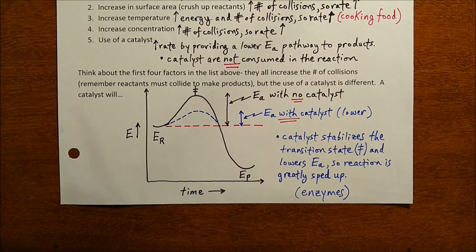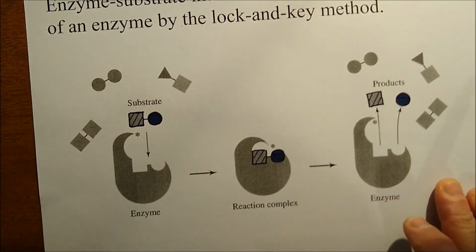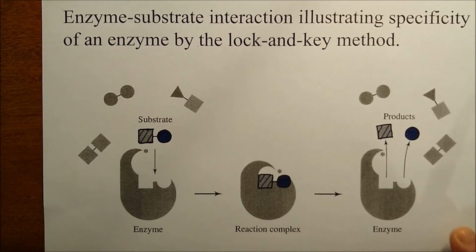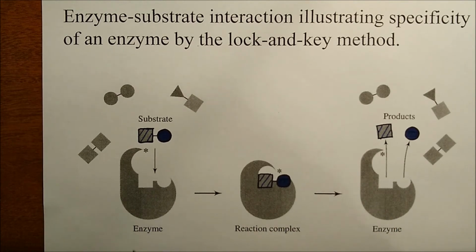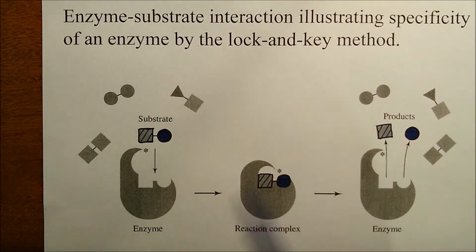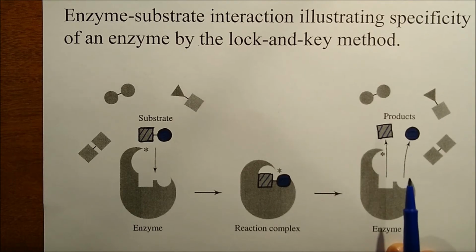So here's what we call a lock and key picture of how an enzyme works. So we call it an enzyme substrate complex that forms in a biochemical reaction. Enzymes are usually proteins, and what happens is, this is a schematic diagram. These molecules here are just some sort of smaller molecule, maybe a protein that you've eaten that needs to be broken down.